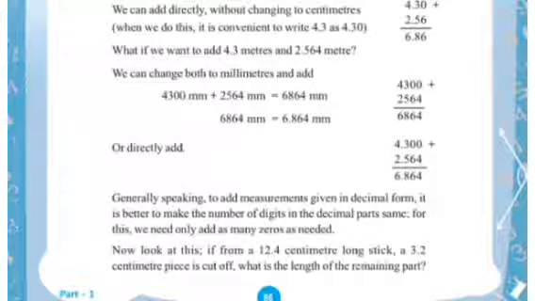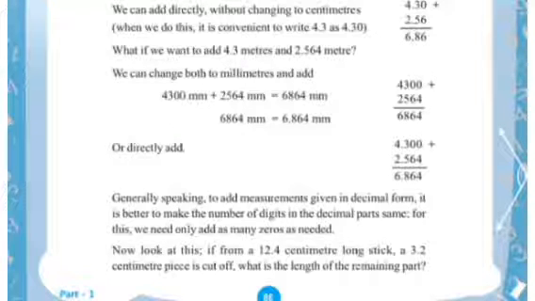If we convert them into meters, it is 6.86 meters. That is, we can directly add two numbers without changing their decimal form into meters, centimeters or millimeters.